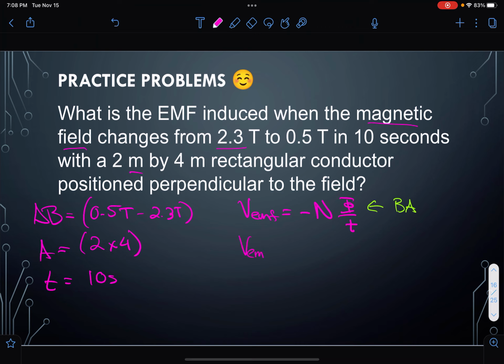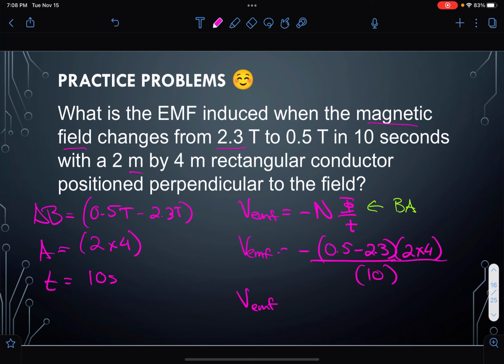So my V EMF, I've got one loop is going to be negative 0.5 minus 2.3 times 2 times 4 for my area over my 10 seconds.